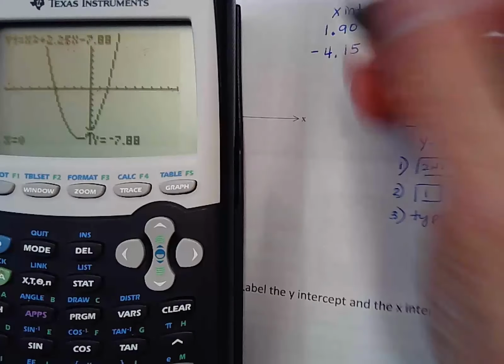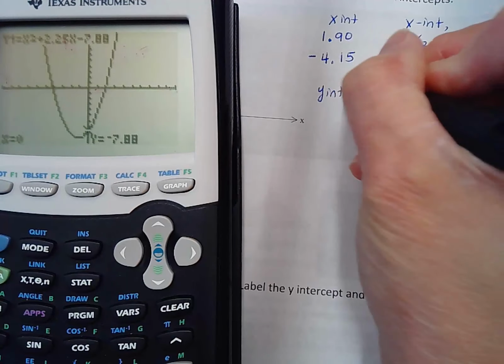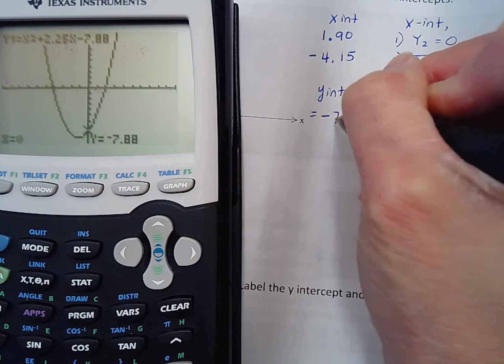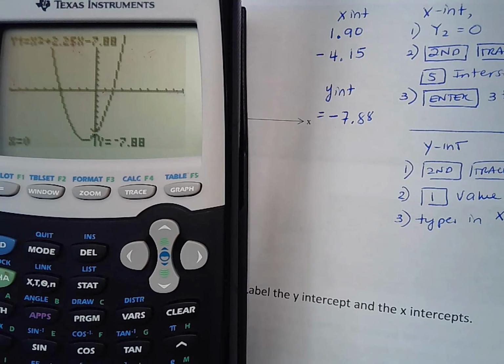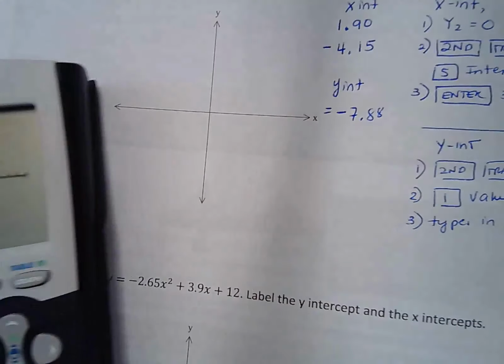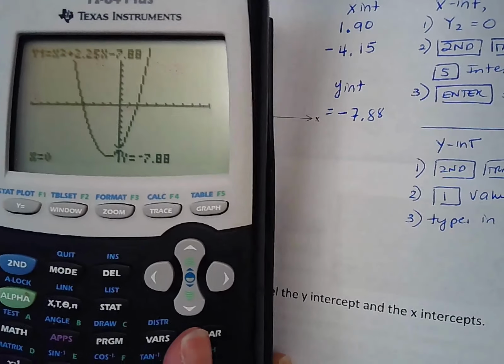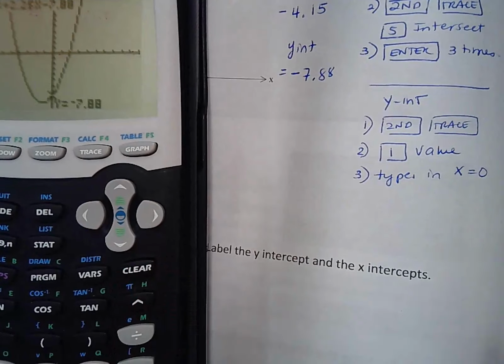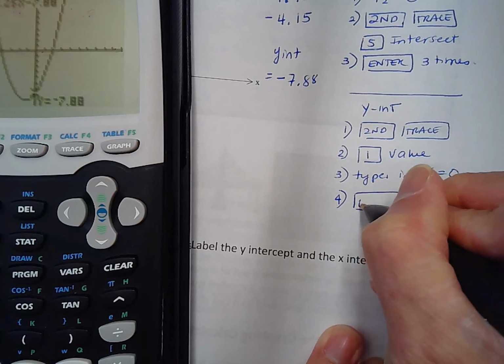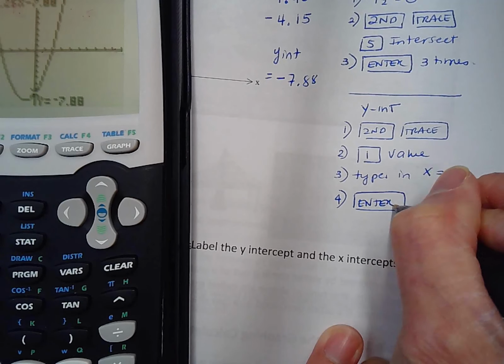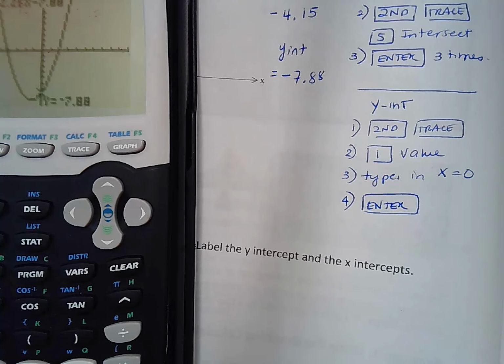So the y-intercept is negative 7.88. Okay. Enter.